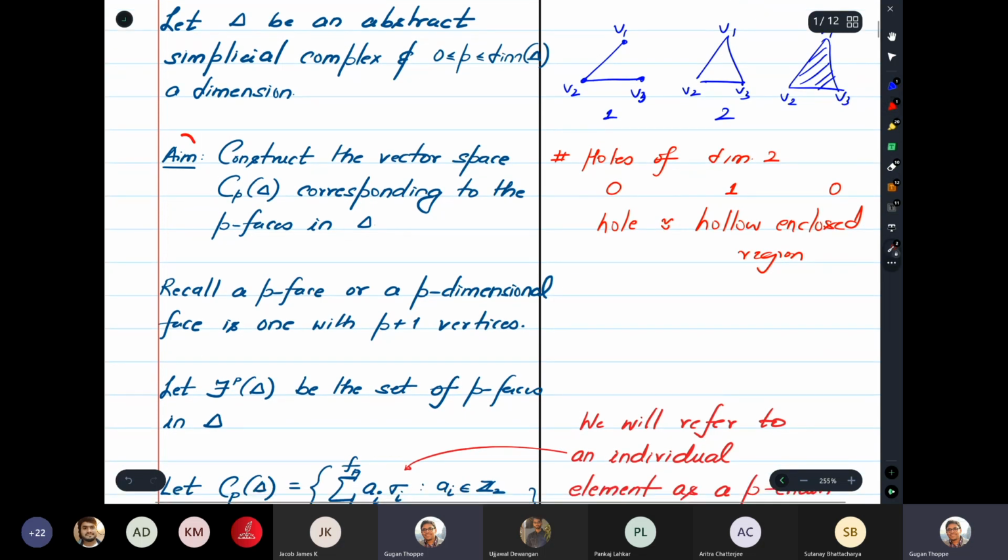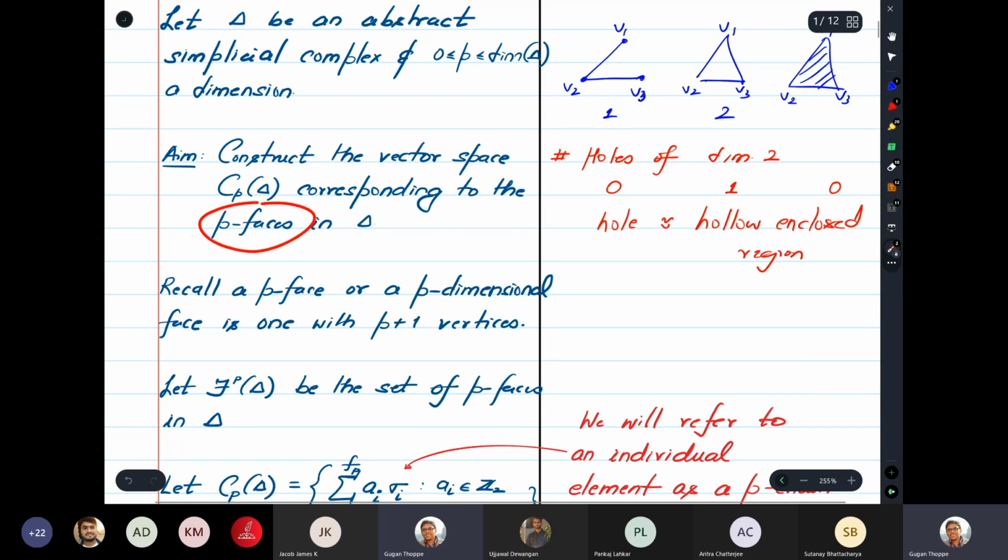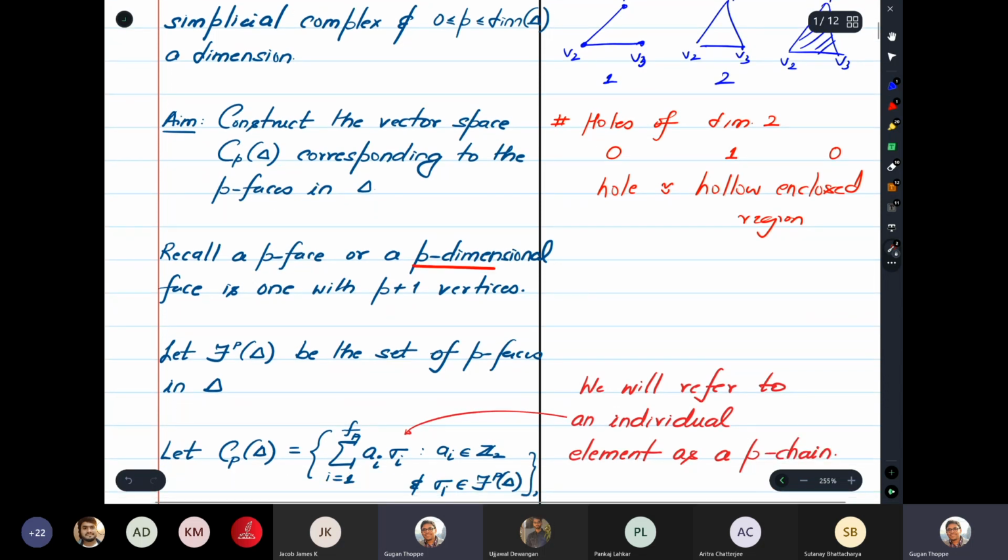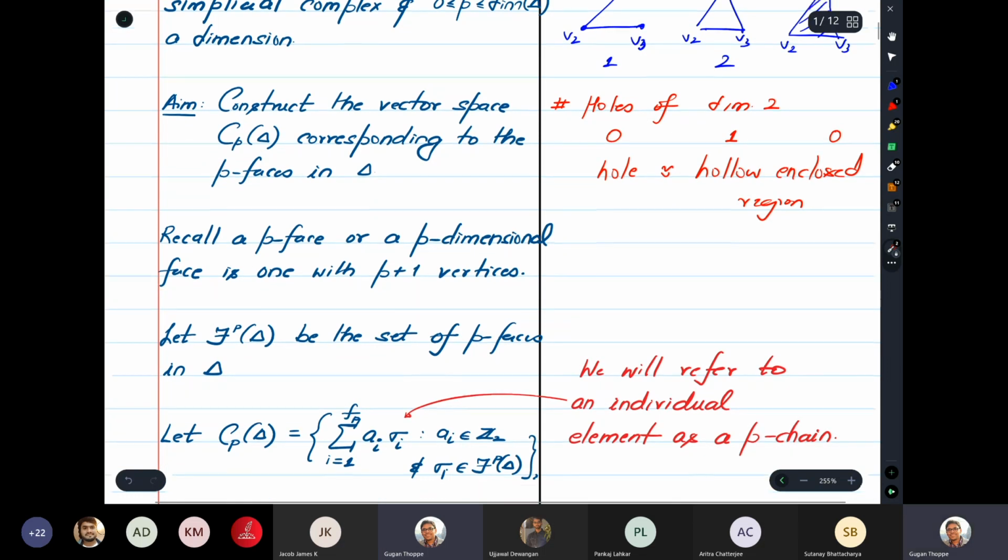So our first goal is to construct a vector space, which we will refer to as Cp of delta, corresponding to the p faces in delta, right? So let's recall what a p face is. A p face, recall, is a p-dimensional face, which means that this p-dimensional face has p plus 1 vertices. So whenever I say a p face, I equivalently mean a p-dimensional face.